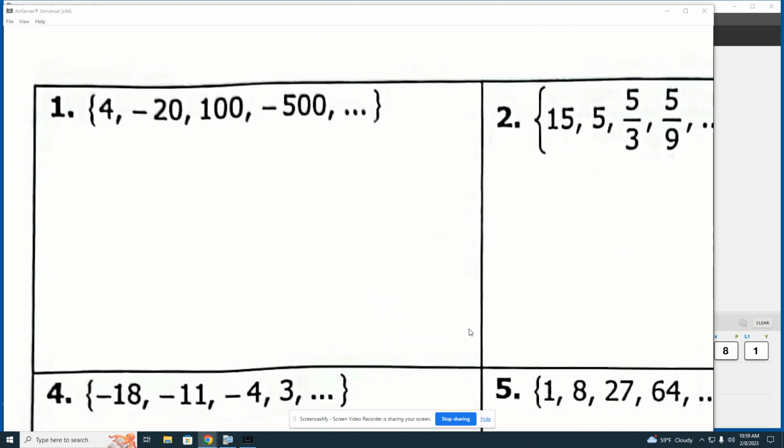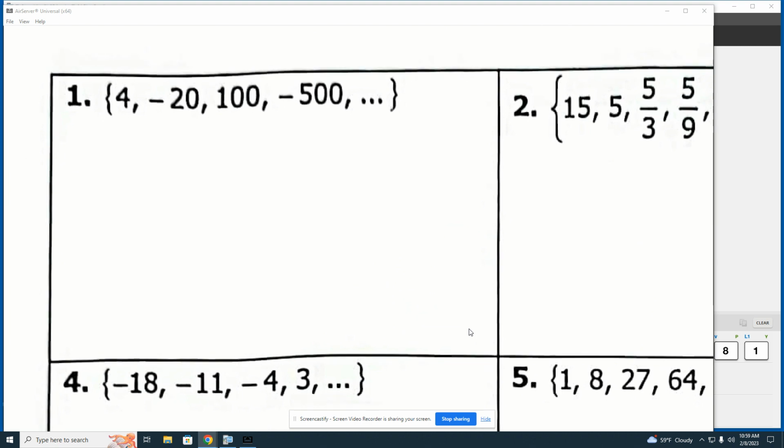No chance. What could do that, though? Geometric sequences, right? What allows it to go back and forth? Multiplying by a negative. So I'm going to check to see if this has a common ratio. That's the only thing it could be.